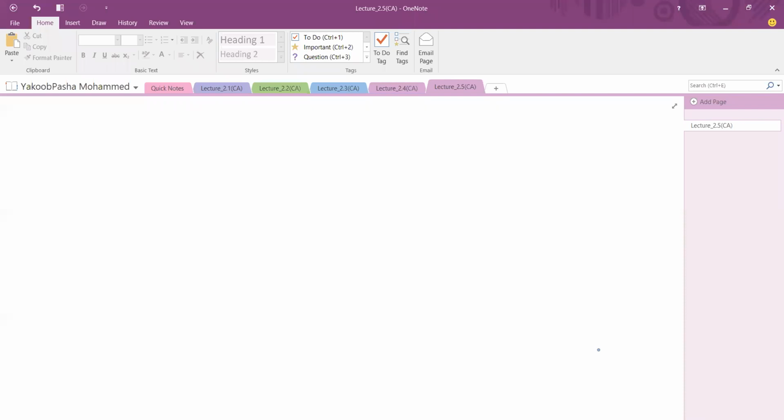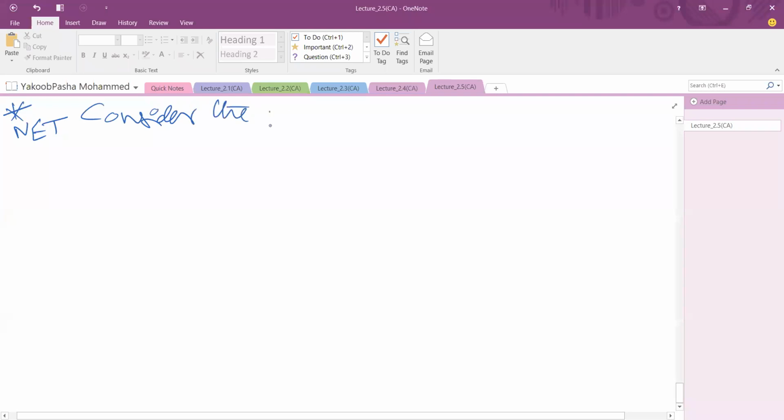Okay, I'm taking another problem. CSR net, 2012 CSR net problem. Consider the power series, summation n is equal to 1 to infinity z power n factorial.